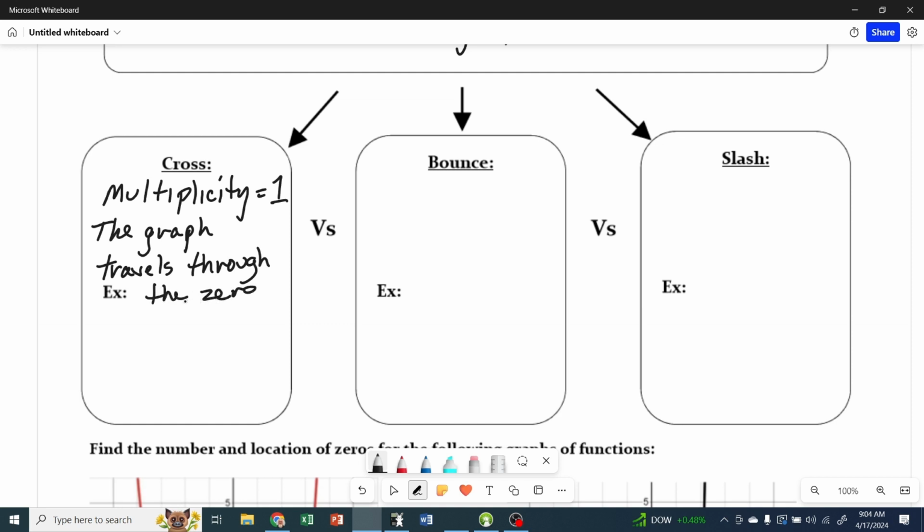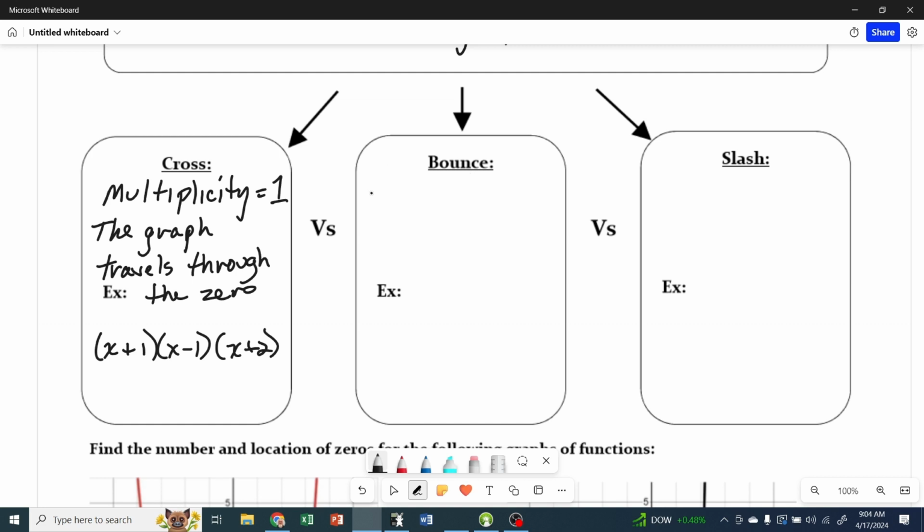Okay, so it changes signs, right? It either goes from positive to negative or negative to positive. So an example would be something like if we have x plus 1, x minus 1, x plus 2. Each one of those factors only occurs one time. They're all distinct.